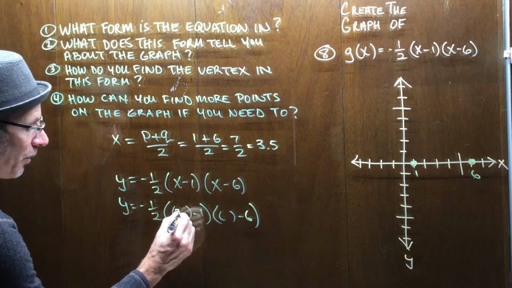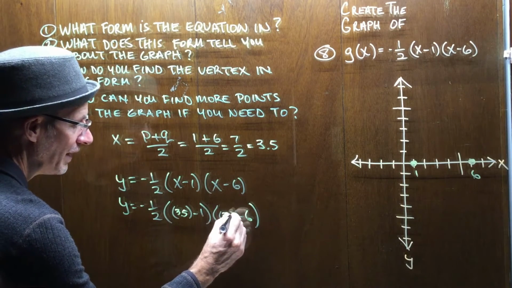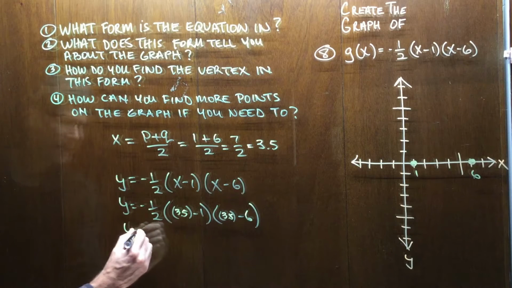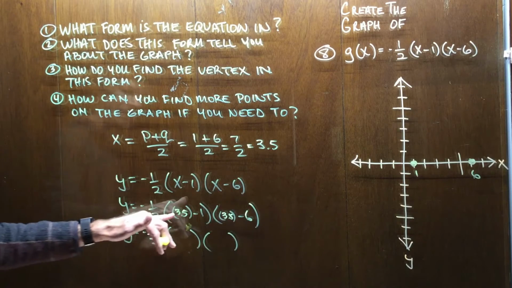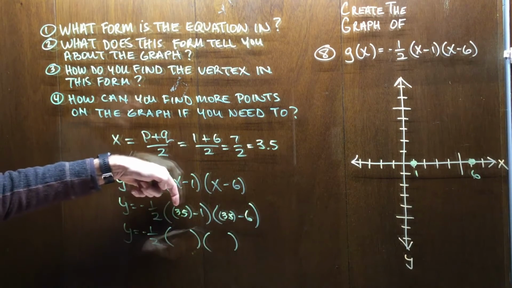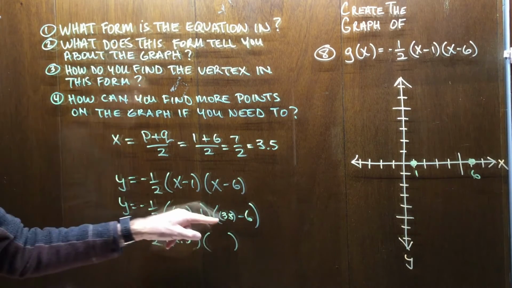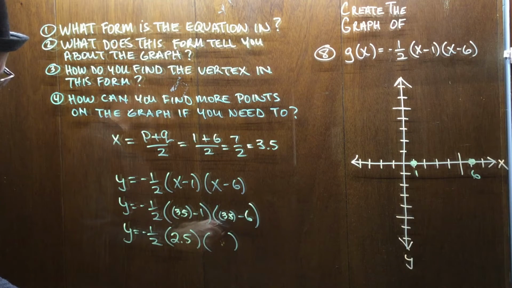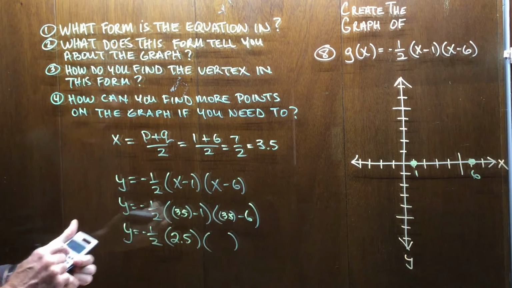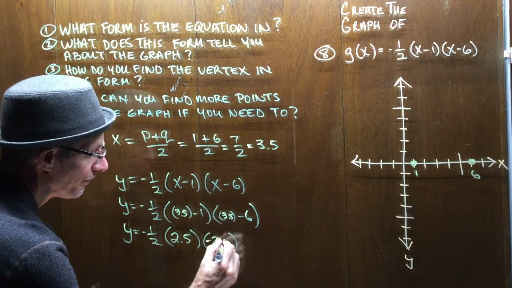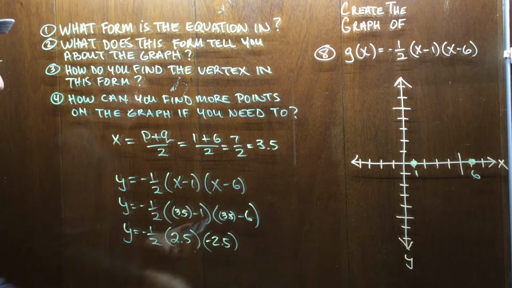So we have 3.5, that's our x value, and we put 3.5 in both brackets. So we're going to have y equals -1/2 times something times something. And we're going to do the arithmetic that's in the parentheses. Well, 3.5 minus 1 is 2.5. And 3.5 minus 6, if you're not sure what that is, just do it on your calculator. That comes out to -2.5. And now we need to multiply -1/2 times 2.5 times -2.5.